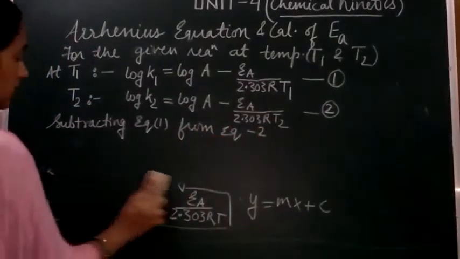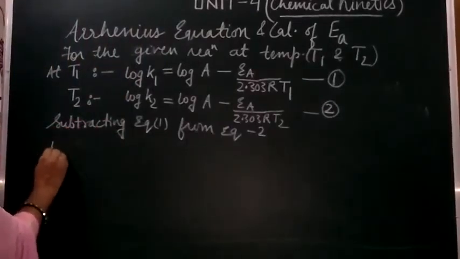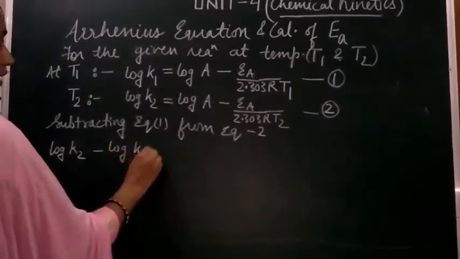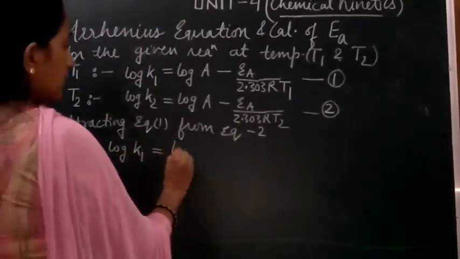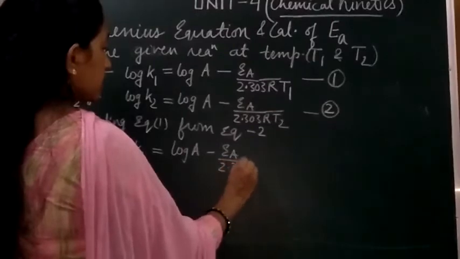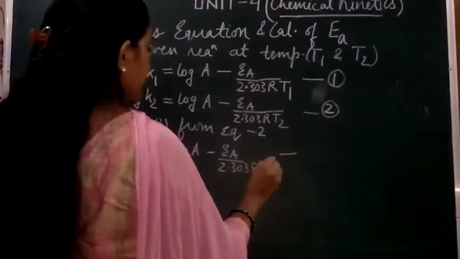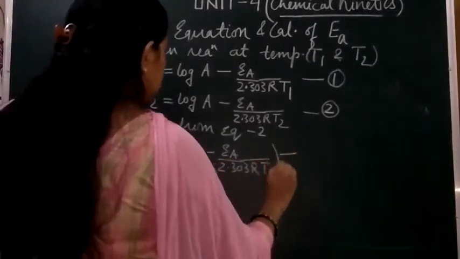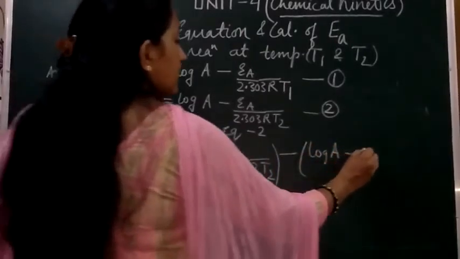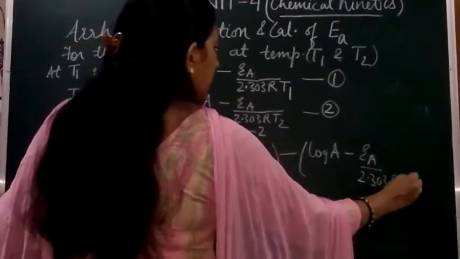Now students, it will be in which form? It will be log k2 minus log k1 equals log A minus Ea upon 2.303 R T2 minus log A minus Ea upon 2.303 R T1.